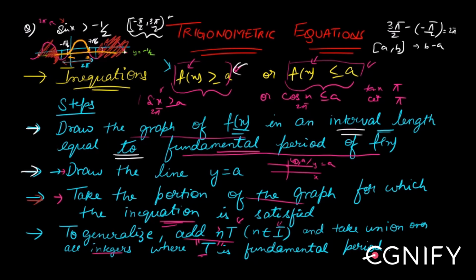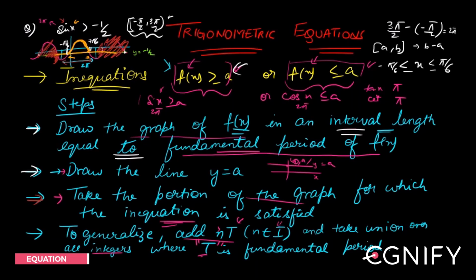So the x coordinate that I'm talking about has to lie between these two, right? So the x coordinate has to lie between minus pi by 6 and 7 pi by 6.